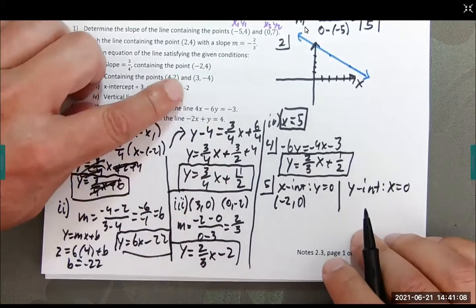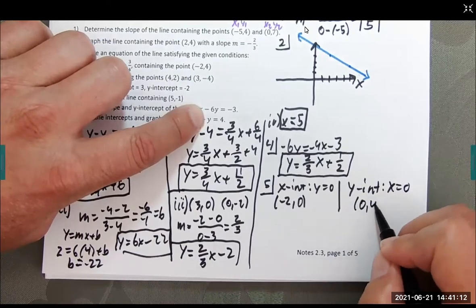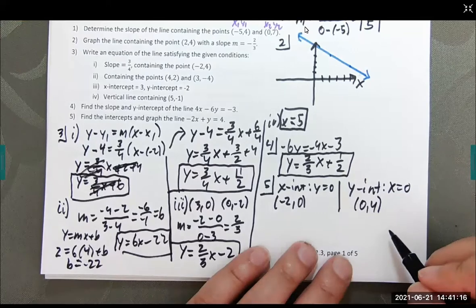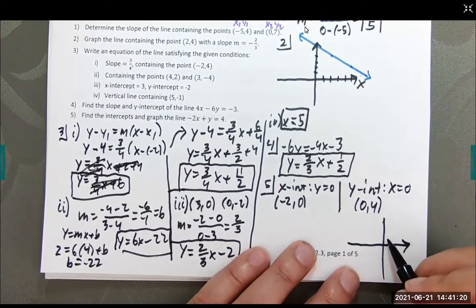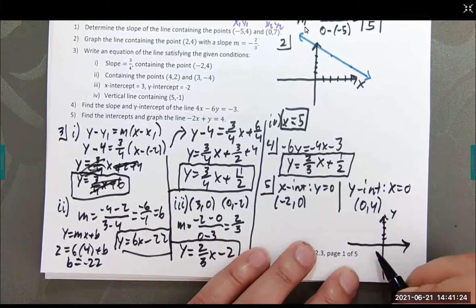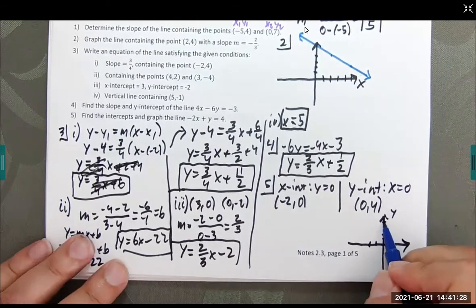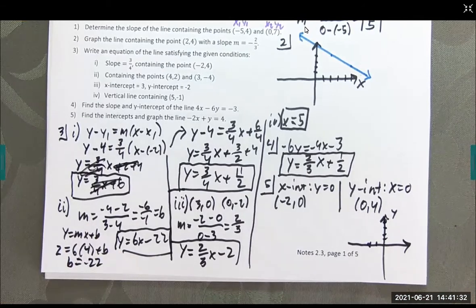So when x equals 0, we get y equals 4. And then to graph this, we get the one space here. 1, 2, 3, 4, 1, 2. Point here, straight edge.